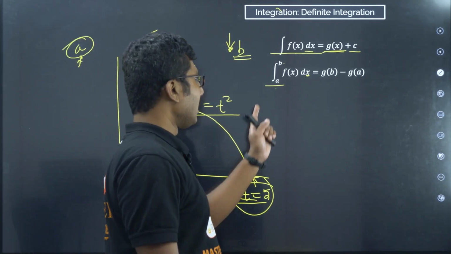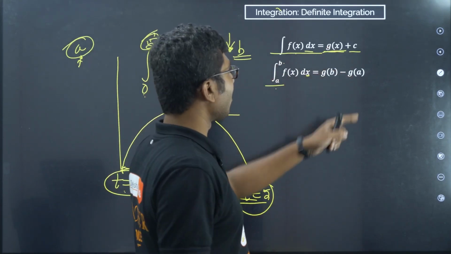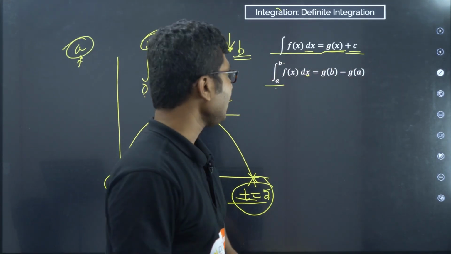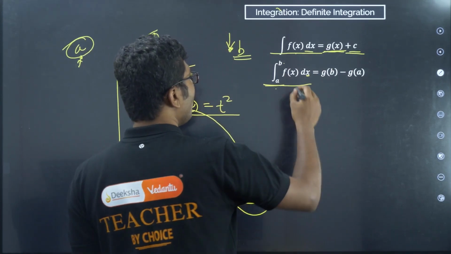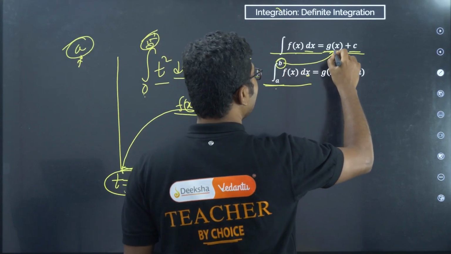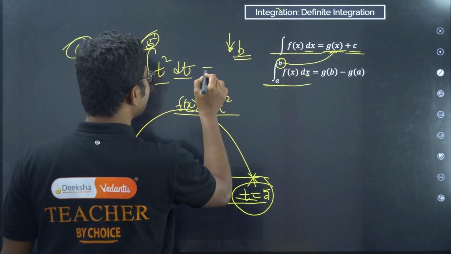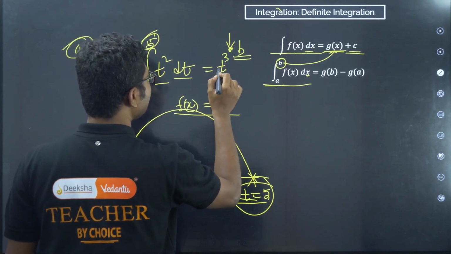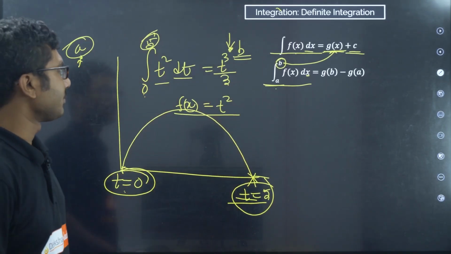Okay. Now if you do the integration of this normally, you will get a constant, right? While doing the definite integration, what we have to do is put the value for b instead of x. For example, the integration in this case is t cube by 3, right? Normal integration with a constant.